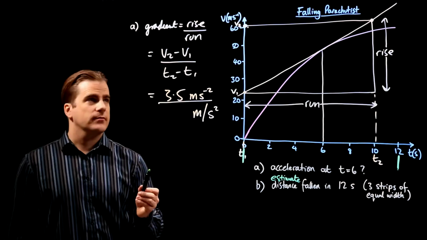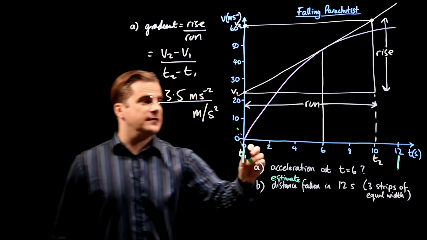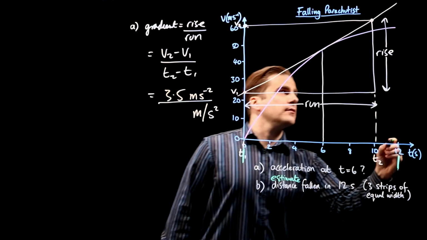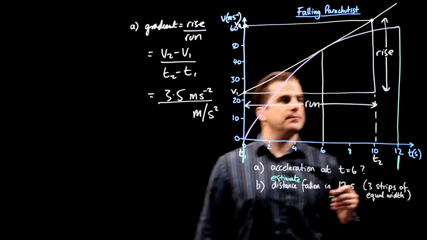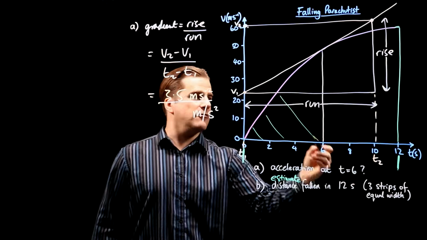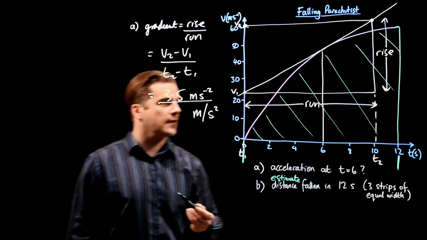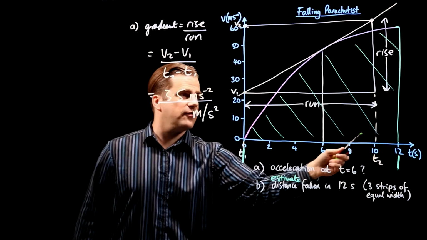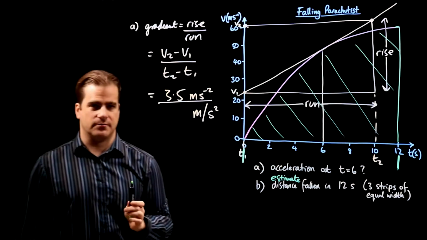You need to know that on a velocity time graph, the distance fallen is the area under the graph. Okay? So up to 12 seconds here, okay, we're going to calculate this area here. Okay, so remember now, on a velocity time graph, the distance covered is the area under the graph.